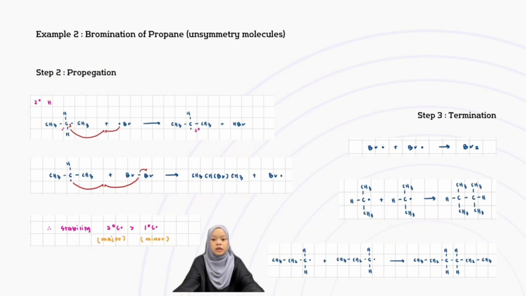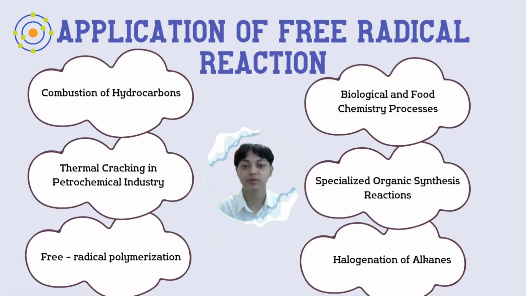The bromination reaction favors the secondary position due to its higher stability compared with the primary position. And lastly, step 3 involves the termination reaction of the chain reaction by bond formation between any two radicals. So let's move on to the applications of free radical reactions.